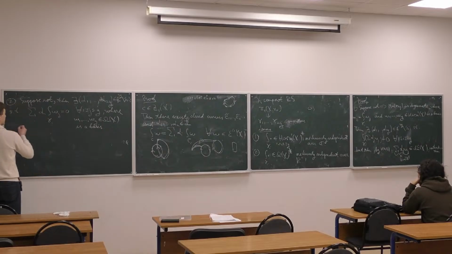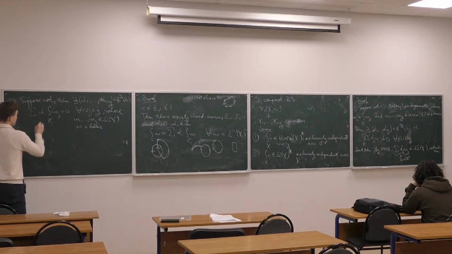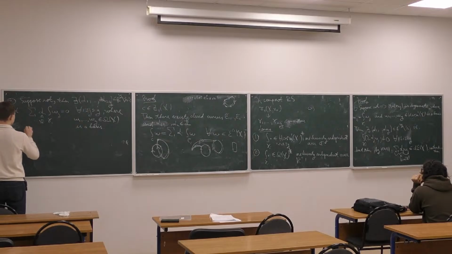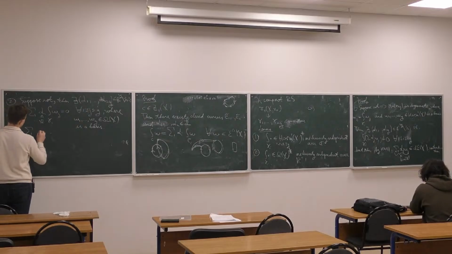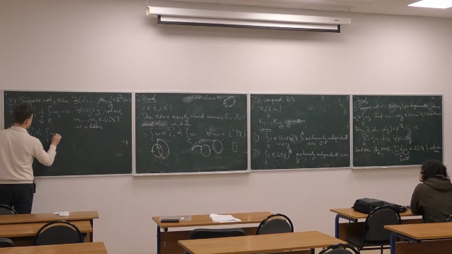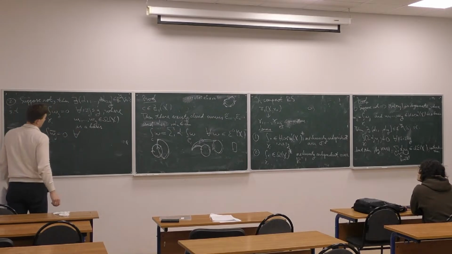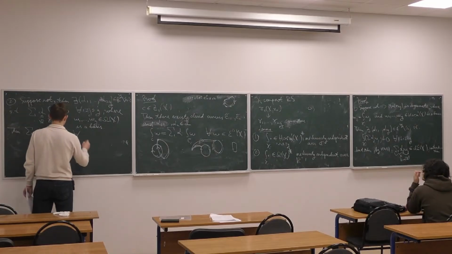But the alpha i's are real numbers, so you take the bar. Then the sum of alpha i times the integral over gamma i of omega j bar is 0 for any j.